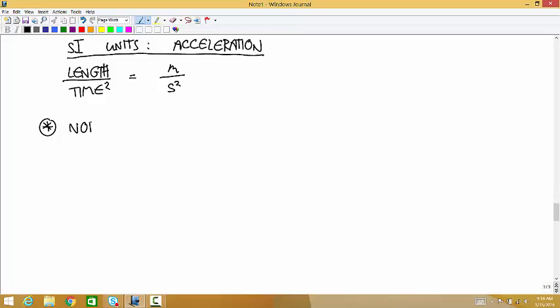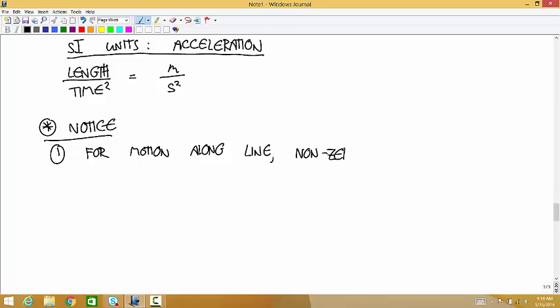So notice, one, for motion along a line, which is what we're talking about now, non-zero acceleration means the speed is changing. Okay, that's all acceleration can do.